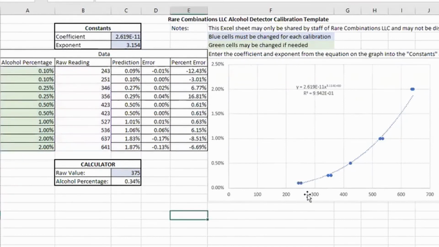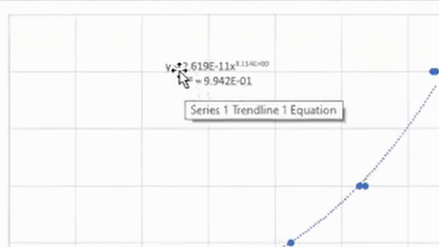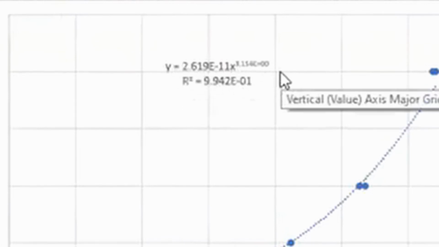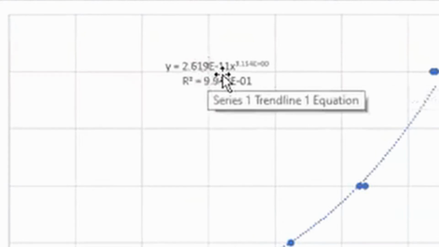Okay, so I've used Control-Z to go back to where we were before. I just wanted to mention a couple more things before I end this video. The first thing is your coefficient and your exponent. A lot of people get worried about the numbers that they get. In my experience, the coefficient can vary from E negative 8 to about E negative 16.